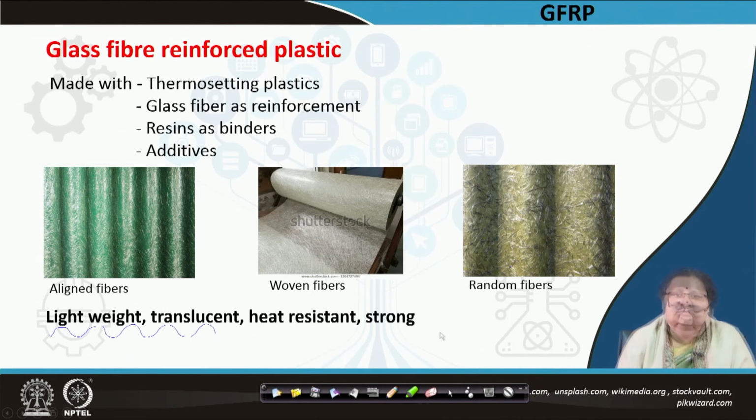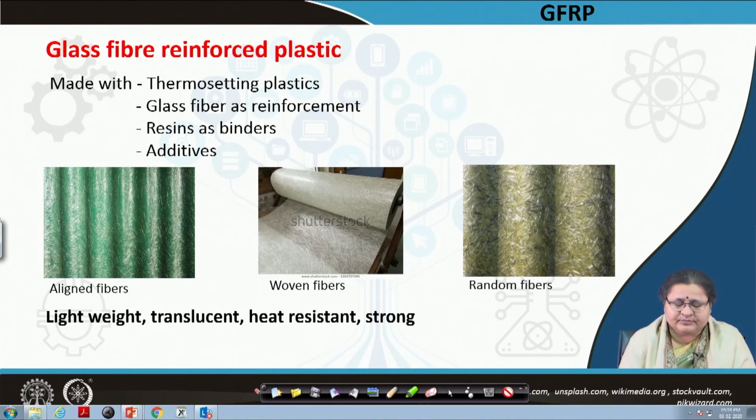So, these are again lightweight, translucent, heat resistant, strong building material, used as a roofing, used as a sheet, used for temporary structures, used for cycle shed roofs.